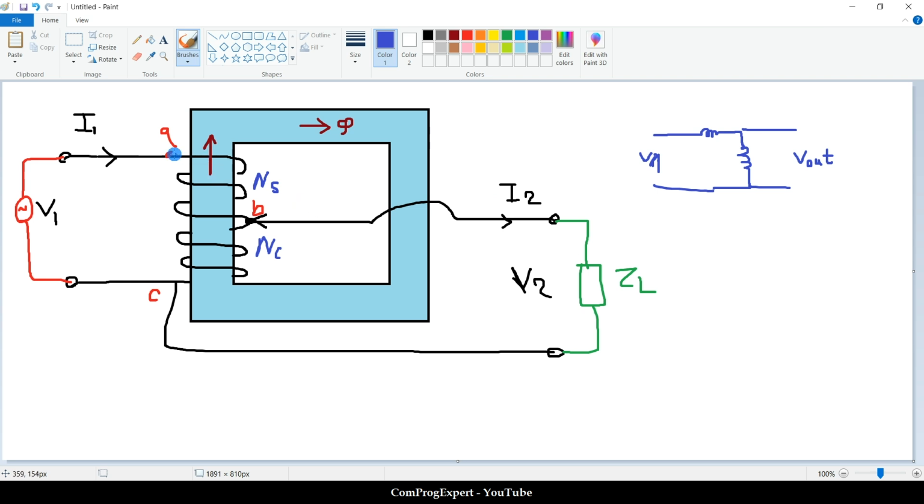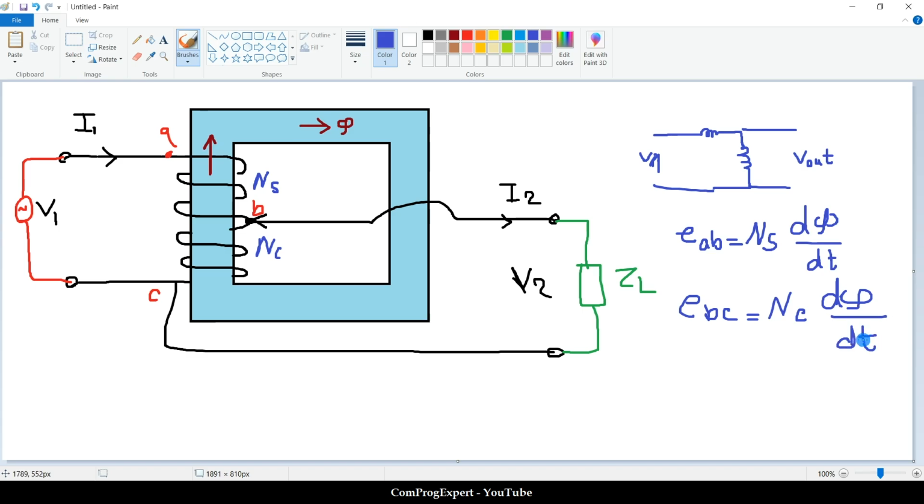So how much is the flux linked to this part of the coil? The EMF between points A and B is equal to N_S, the number of series turns, times dφ/dt. And the value of E_BC is equal to the number of common turns times dφ/dt. So what is the value of V1?